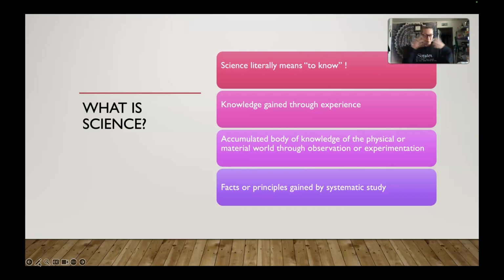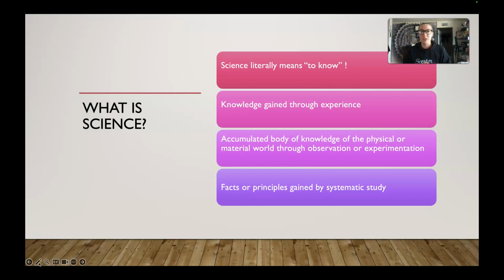But with science, the process of science is gaining a better knowledge and understanding of the world and planet around us through experiences that we can create. Science is also an accumulated body of knowledge of the physical or material world through observation or experimentation.